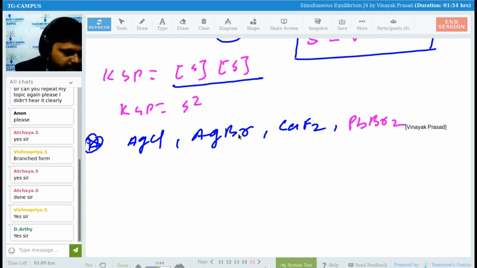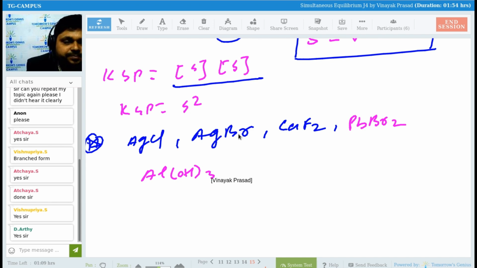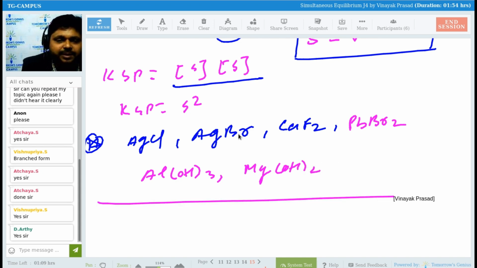PbBr2, right? Al(OH)3. Next, Mg(OH)2. These are sparingly soluble salts. Please make a note of these because they will come up in your examples. Has everyone written? Is there any doubt? No? Fine.